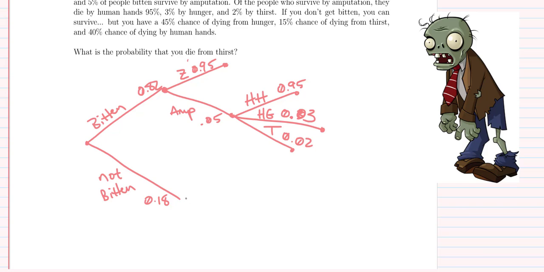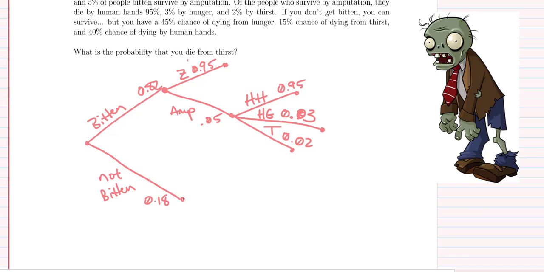Well, you're also not out of the woods. You have a 45% chance of dying from hunger, 15% chance of dying from thirst, and a 40% chance of dying by human hands.